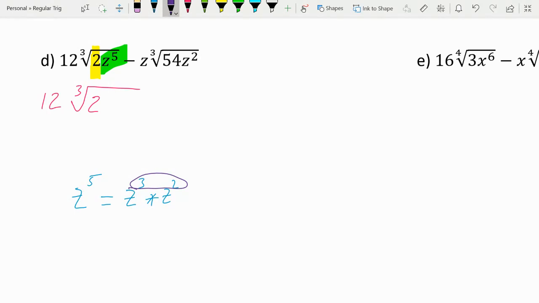The reason why I'm doing this, z to the 3rd times z squared, one more time, is I want the index and that exponent to be exactly the same. That's what I'm looking for. I want the exponent and the index to be the same because I want to be able to yank it out from underneath the radical.